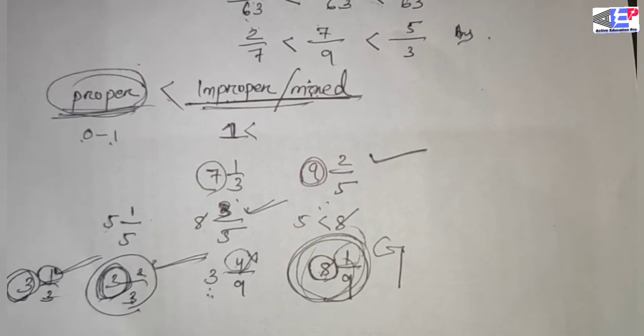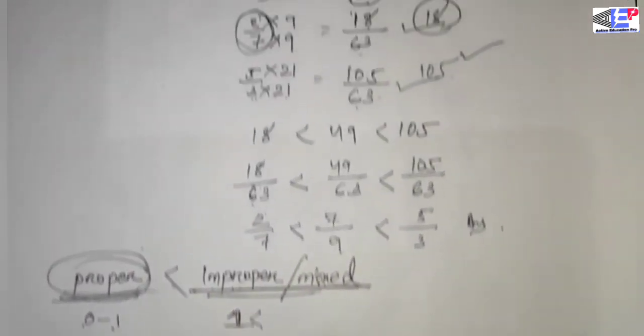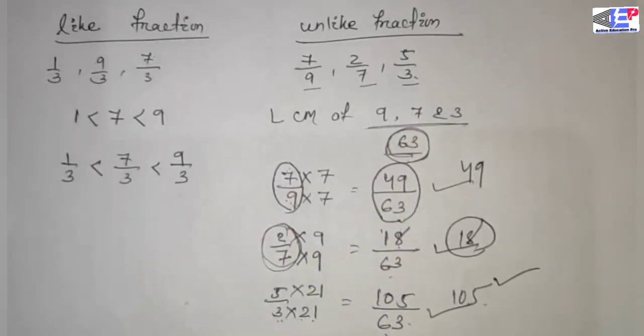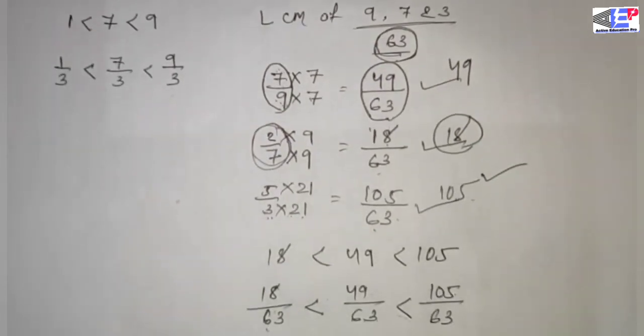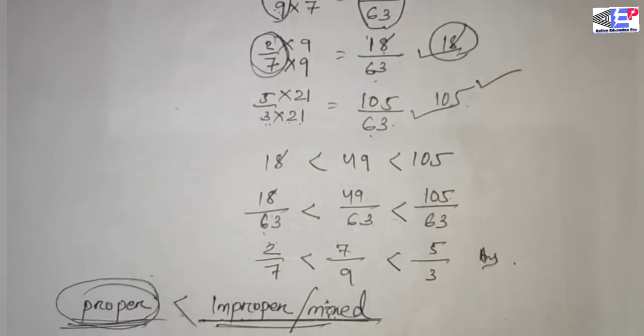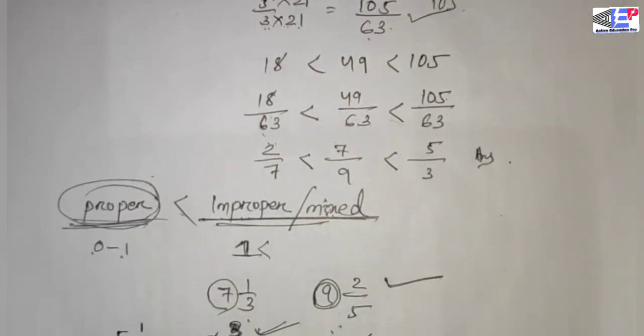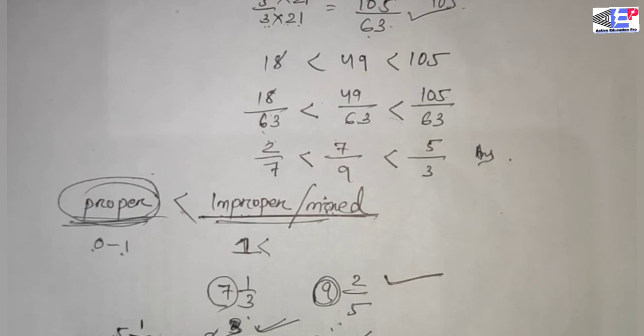So these are some tricky methods, a tricky procedure for comparison of fractions. You know, for like fractions, you can compare according to their numerator value, and if there are unlike fractions, you have to convert them to like fractions having the same denominator. Then, as usual, you first compare the numerators value, then you can compare the unlike fractions.